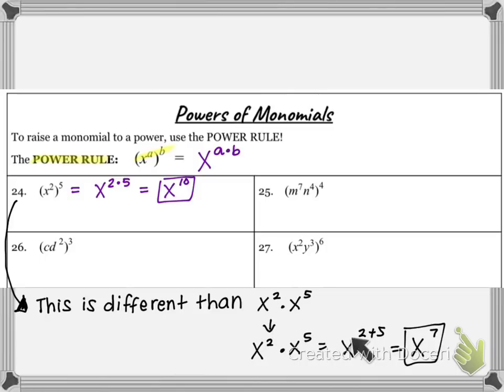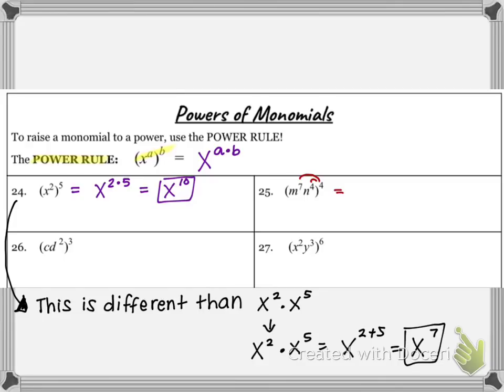Here we add them together when it looks something like this. When it looks something like this, we're going to multiply 2 times 5, which is x to the 10th. Okay, so they're different, and they look different, don't they? Like I said, this just takes practice. We're going to practice a lot with these. So I just want you to get the rules down.